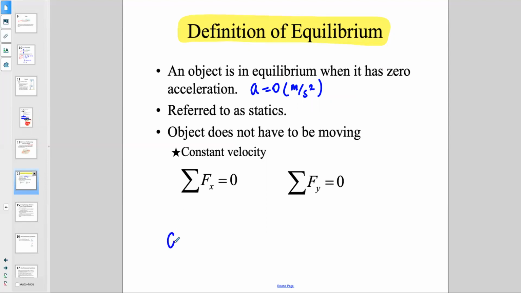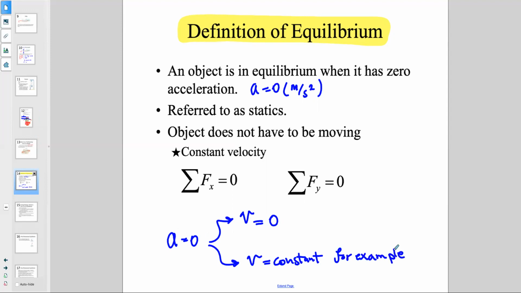So acceleration of 0 has two meanings, right? One, the velocity is 0. The other one, velocity is a constant number, 5 meters per second, for example. Constant velocity of 10 meters per second, 5 meters per second, whatever, right?